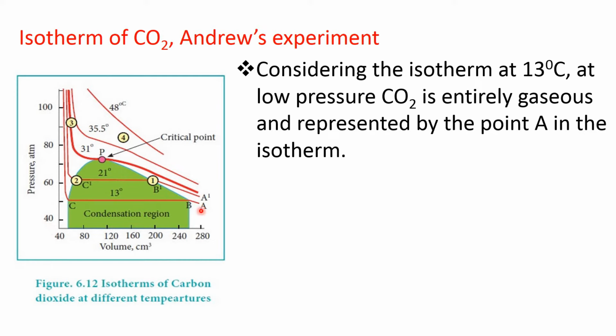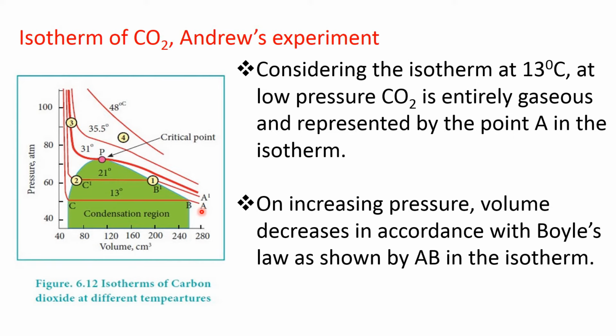So, look here, at the point A, the pressure is low, obviously. And at this low pressure, it is entirely gas, which is represented by A. That means carbon dioxide is entirely in the gaseous form. Now see, we are increasing the pressure slowly.